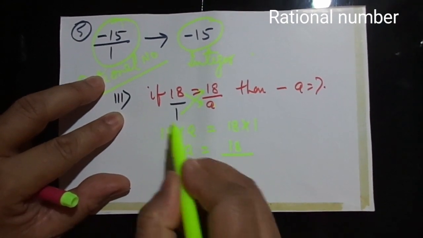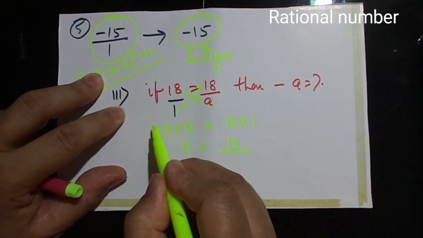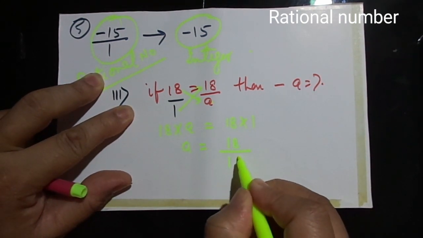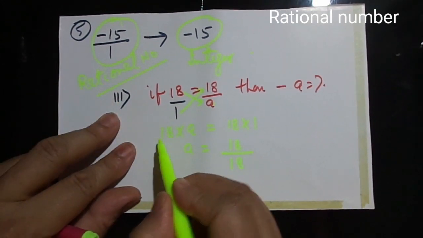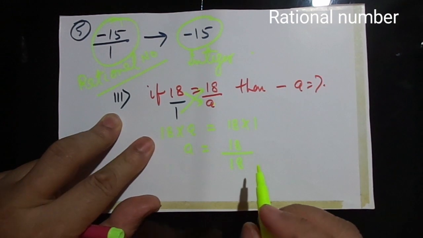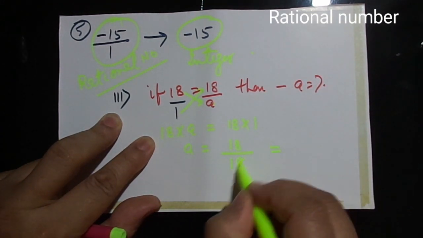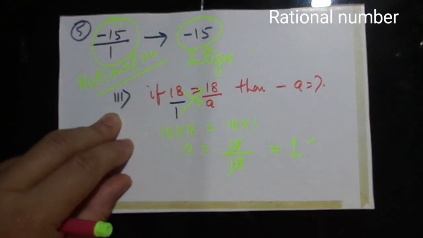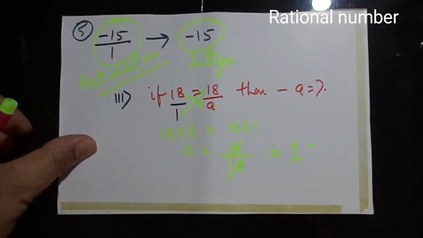When you move 18 from the left hand side to the right hand side, it gets divided, because it's in multiplication form. Multiplication changes to division. So a is equal to 1. Clear? I hope you have understood the sum.